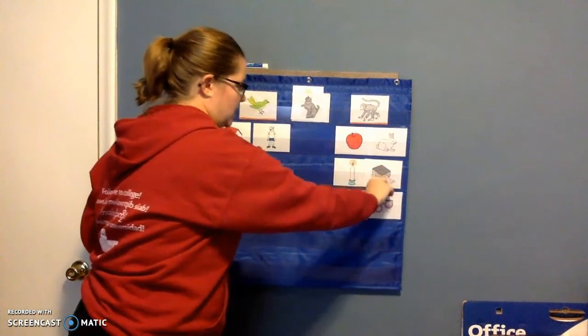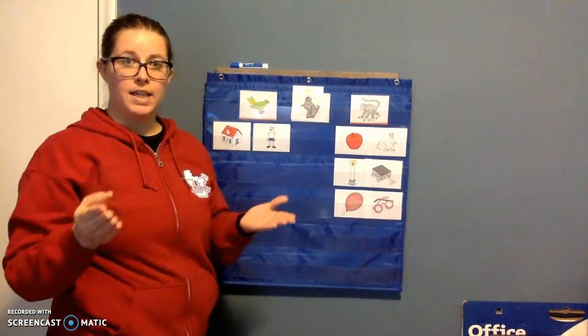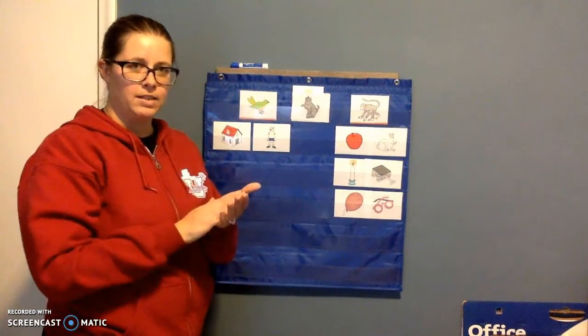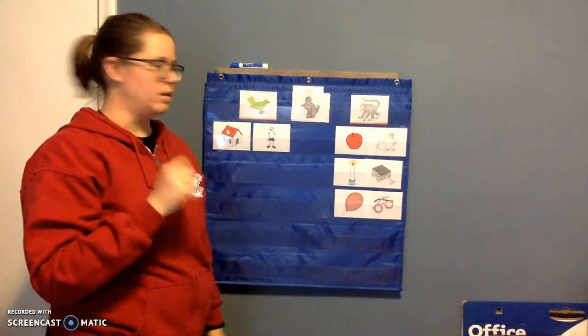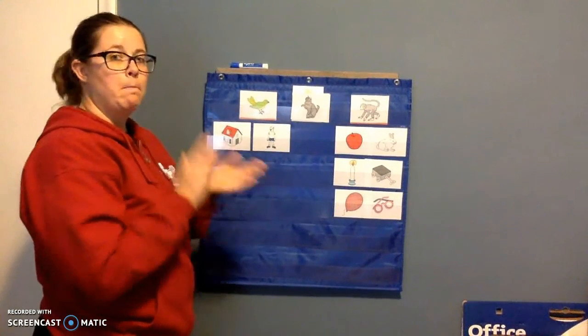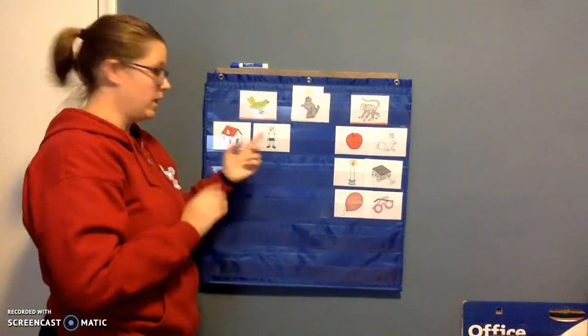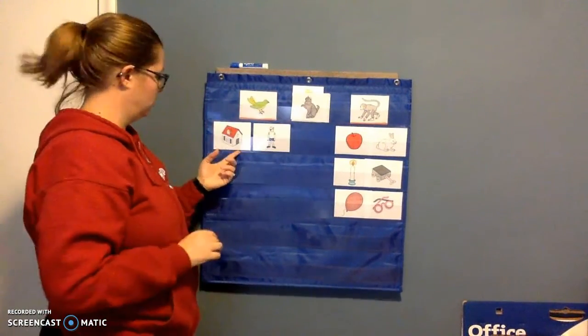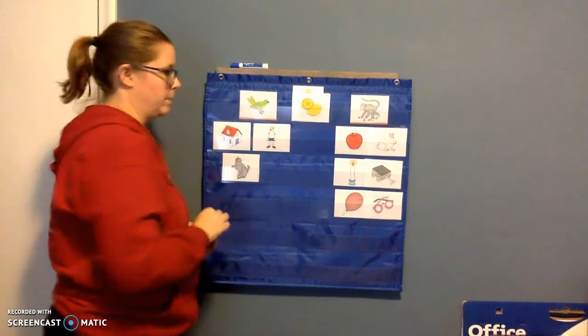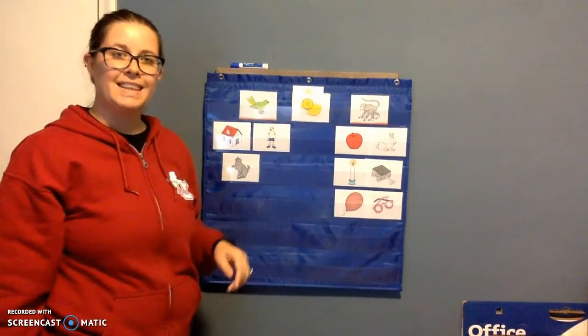My next one is cat. Say cat and clap it. Cat. 1 part. So let's check. Cat, bird, boy, house. Looks like they go together. They all have 1 part in their word. Our next one is lemon.